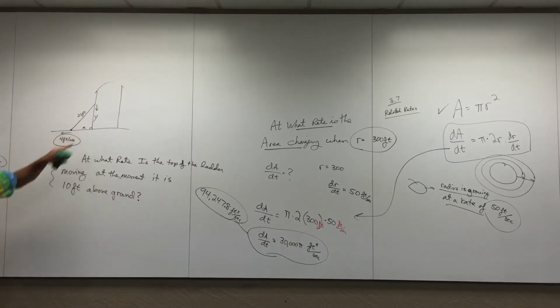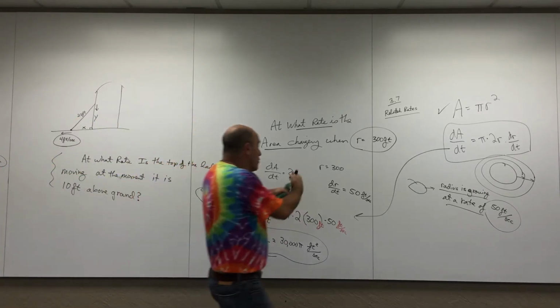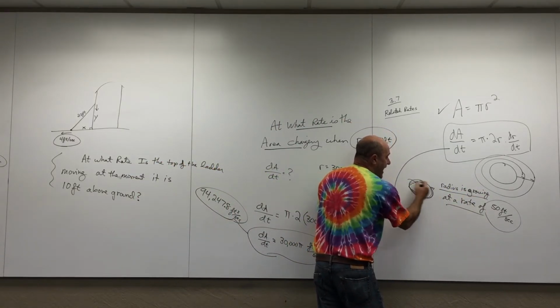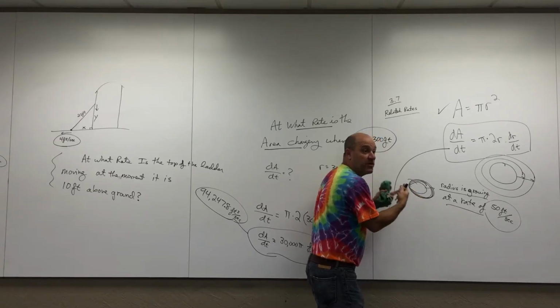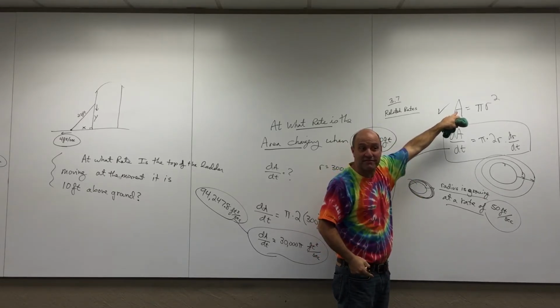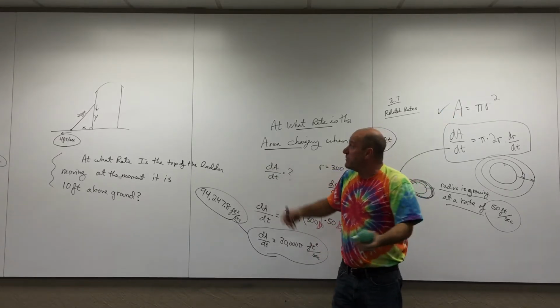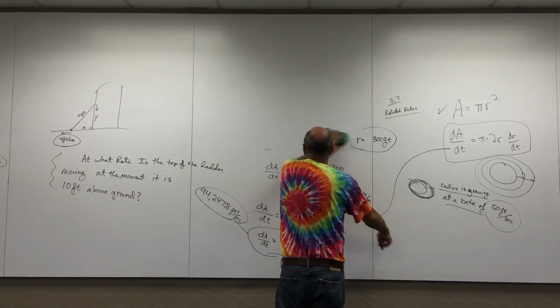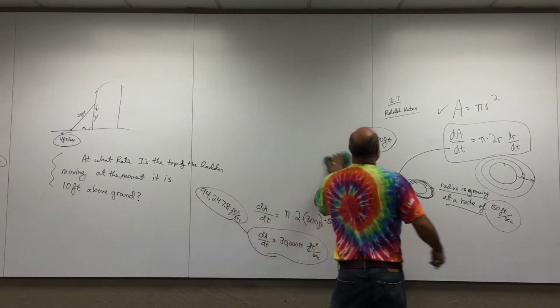Is that okay? All right, so now you've got this labeled here. There's a right angle there. Can you come up with an equation that relates these variables? With the oil spill problem, the oil was going out in a circle. It was up to us to read the problem and come up with that equation. With this problem, can you come up with an equation that relates those variables?